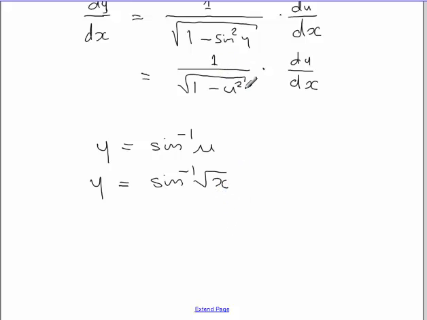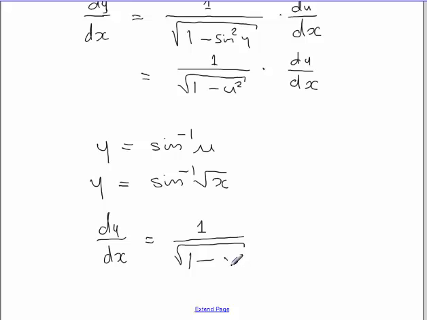If we follow this formula, the derivative of this, remember this comes from trigonometry, is 1 over the square root of 1 minus u, what is u?